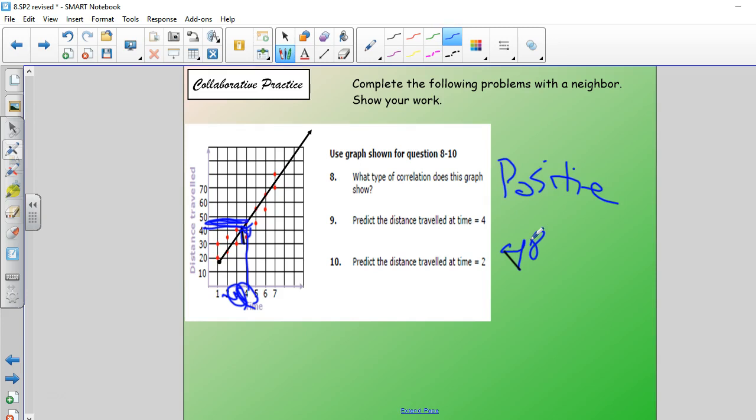And if you look at the distance traveled at time equal 2, and you follow that up to the line, let me get rid of this other marking where I'm scribbling so much. But if you go to 2 and follow it up to your line of best fit, and then go over to the y-axis, it looks like it's around 25. Now, these are estimates, so your numbers may be just a little bit off, and that's okay.